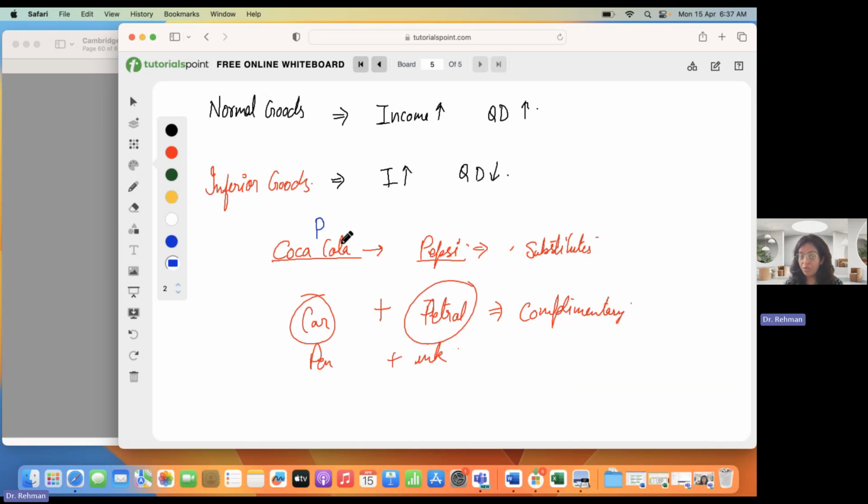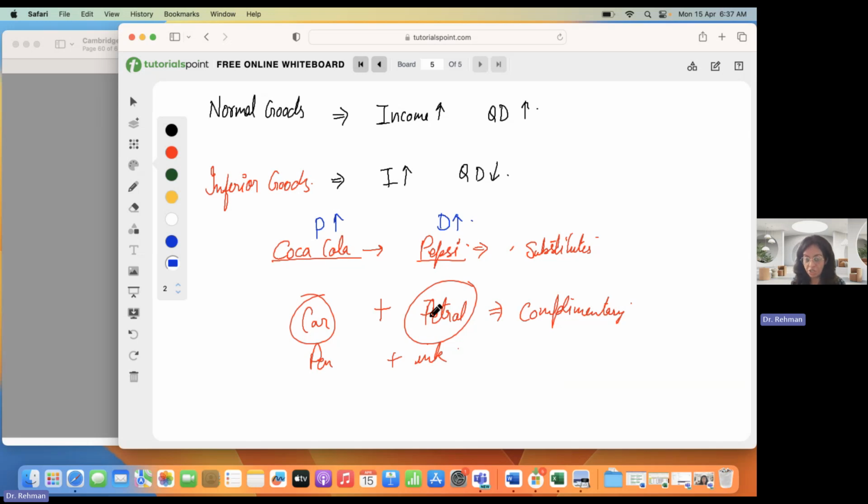If the price of Coca-Cola increases, Coke suddenly becomes very expensive. What will happen? People will start consuming more Pepsi. So the demand for Pepsi increases. Price of a substitute good increases, demand for the particular good also increases. Vice versa, if the price decreases, demand decreases.